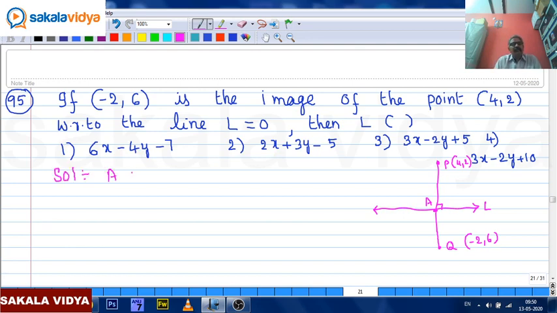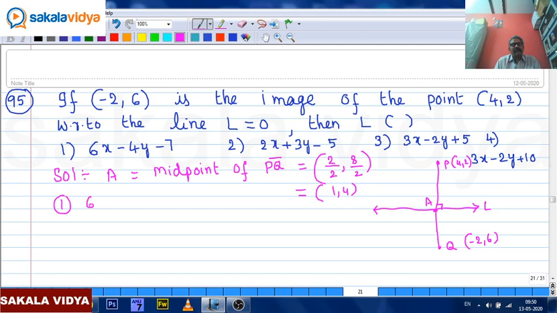A equals midpoint of PQ segment. This equals (4 plus minus 2) by 2, that is (x1 plus x2) by 2, (y1 plus y2) by 2, 8 by 2. This is 1 comma 4. First option is 6 minus 16 minus 7, so it does not equal 0, it is ruled out.